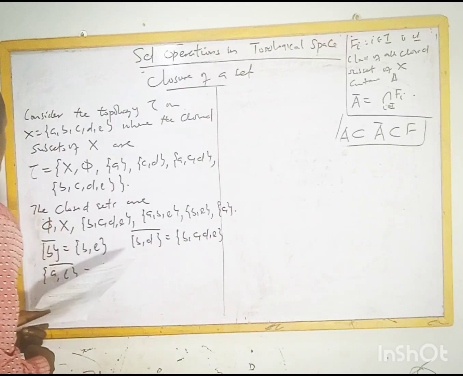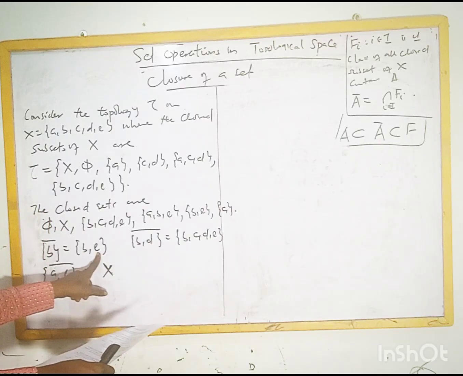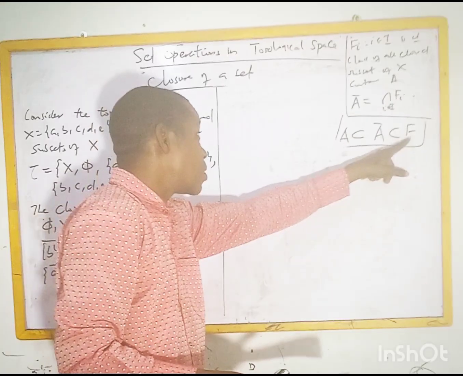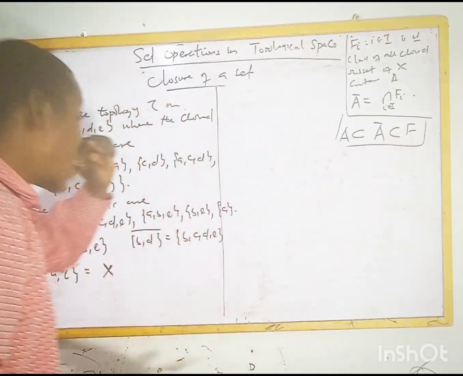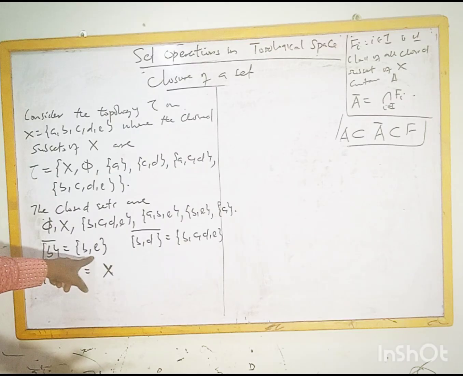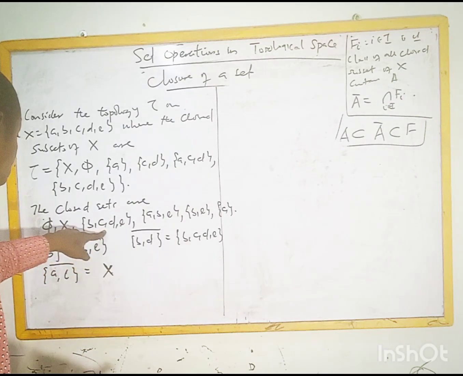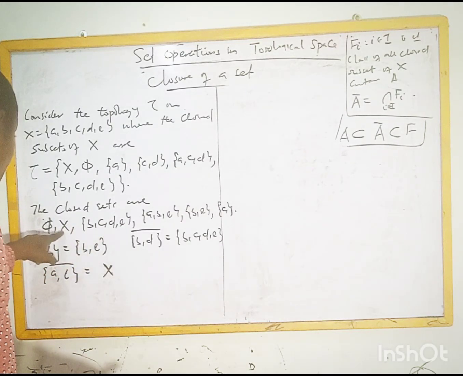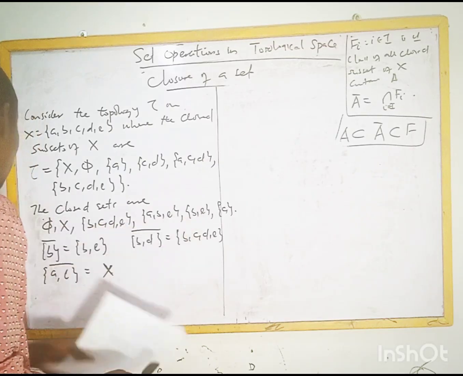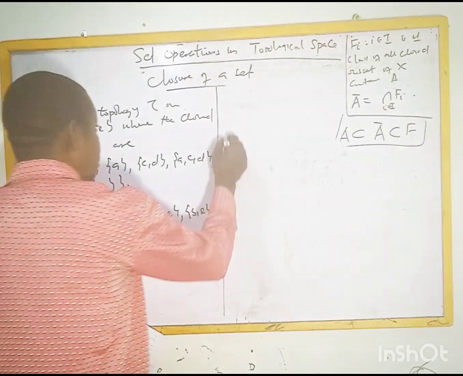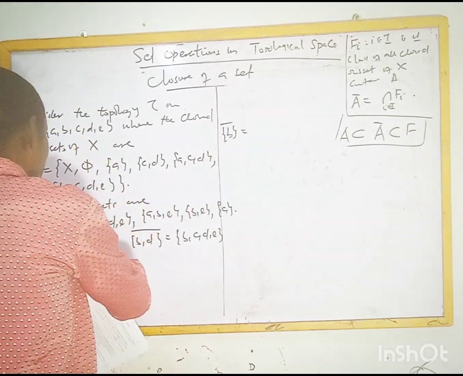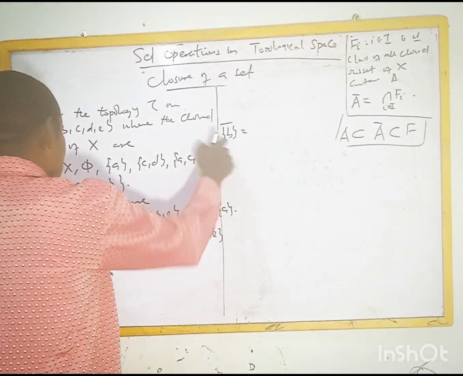Can you see that? Because it contains B, the superset. The closure is the intersection of all the supersets that contain B. What are they?